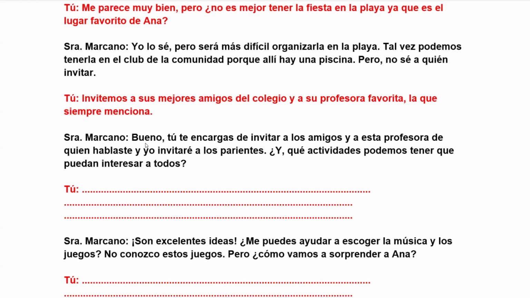And then the mother says, well, you'll be in charge of inviting the friends. Well, you'll be in charge of inviting her friends and that teacher that you mentioned. Okay. And I will invite the relatives or the family members. Okay. And what activities could we do that could appeal to everyone?